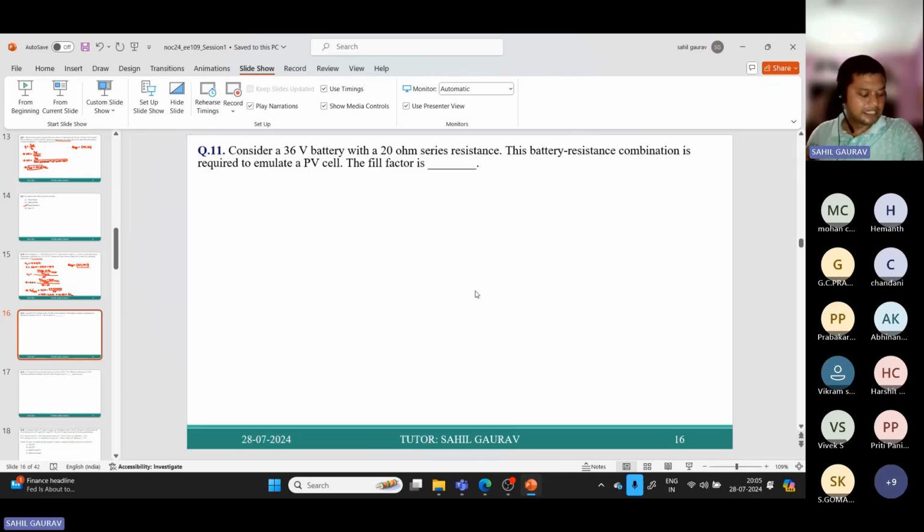So to find the fill factor, we have to find the maximum power. How can we find the maximum power if we are given a battery with a 20 ohm series resistance?